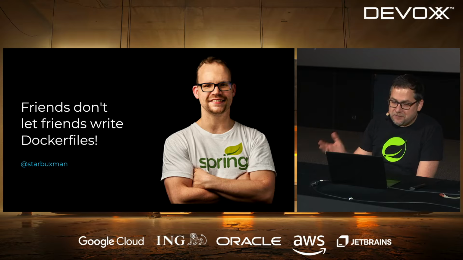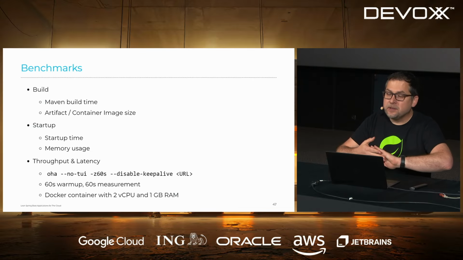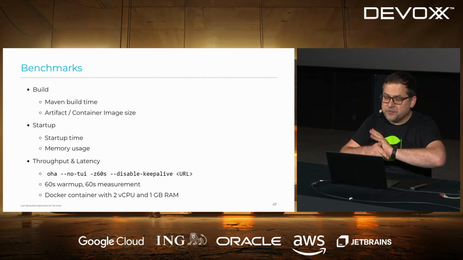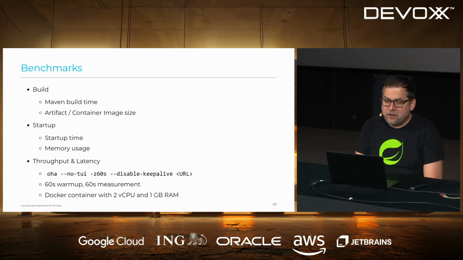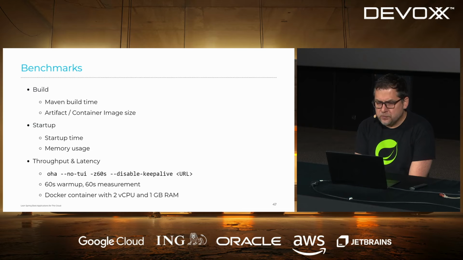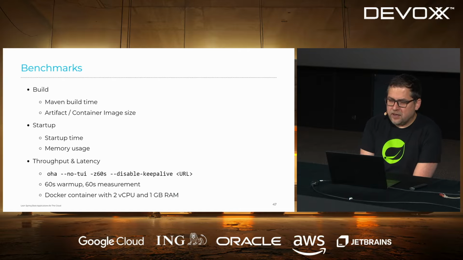What do we measure? We want to measure build time, image size, startup time, memory usage. We want to measure throughput and latency with the following parameters. Be aware that the containers I'm running just use by default 2 virtual CPUs, so I restrict that to 2 virtual CPUs. I know it's still generous.